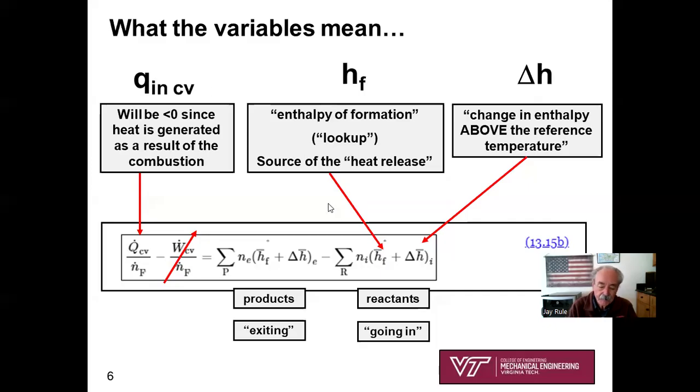Okay. Take a little closer look at these enthalpy terms that are contained within the parentheses. So this is the sum of moles leaving times H terms leaving, minus the sum of moles entering in times a group of enthalpy terms in.